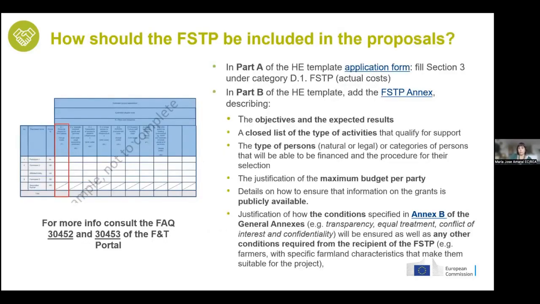What does it mean for the proposal? So in part A, you need to fill in the relevant column and indicate which partner or partners would be giving financial support.